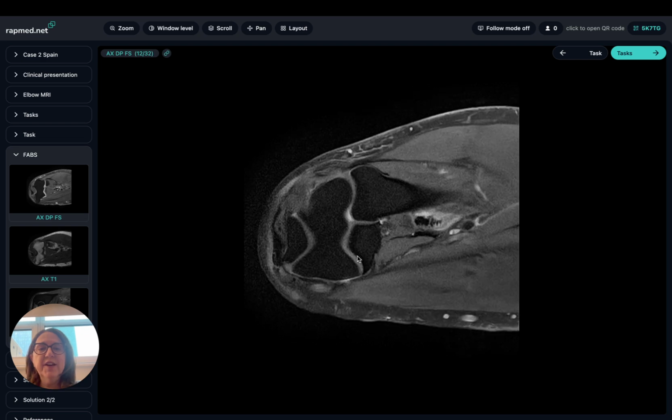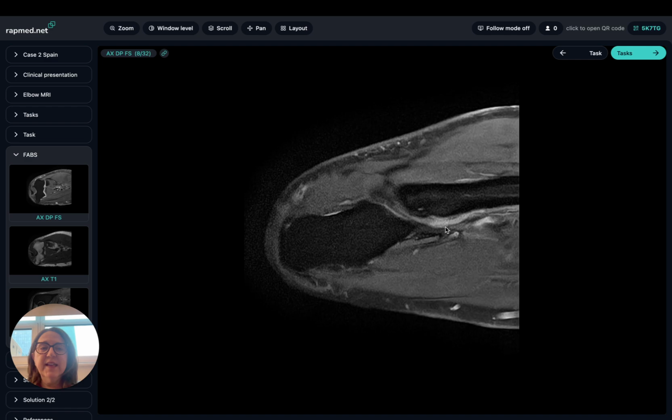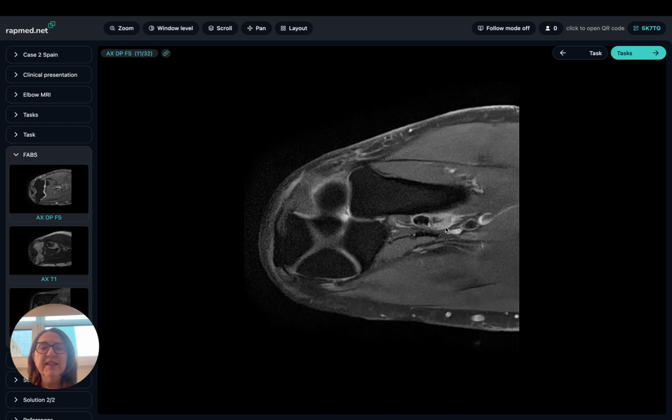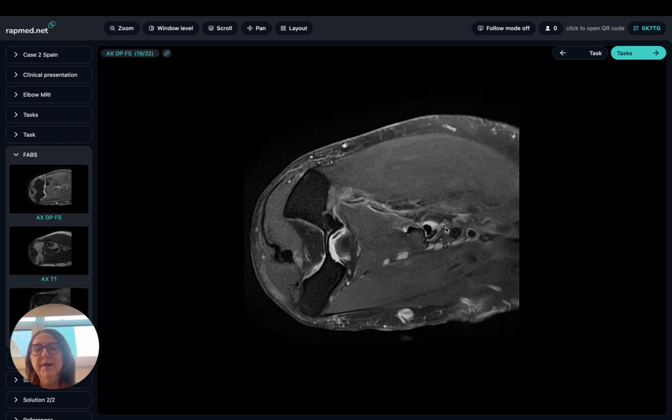And we see very nicely the two bundles of the biceps tendon that are separate, and one of them is completely normal, whereas the other one is completely broken. So in this case, we have an isolated tear of the short head of the biceps tendon.